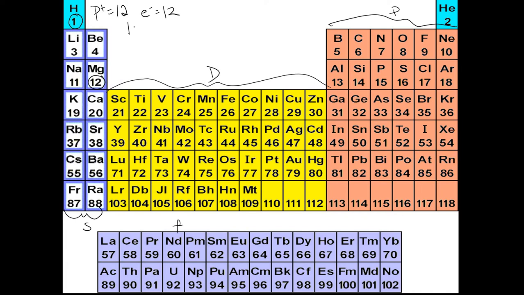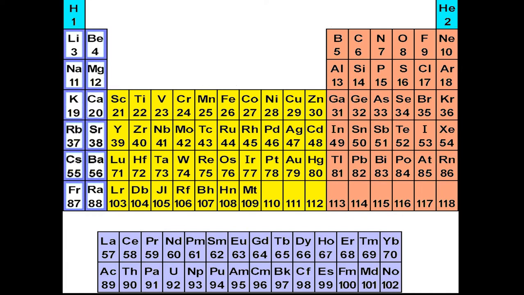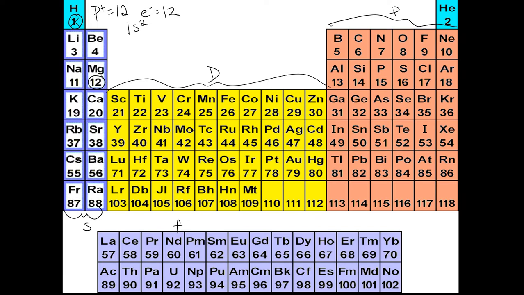So we have 1s, and then electron number 1 and electron number 2. So we would have 1s2, which makes sense because our first energy level can hold 2 electrons. So we know that our first energy level is filled.